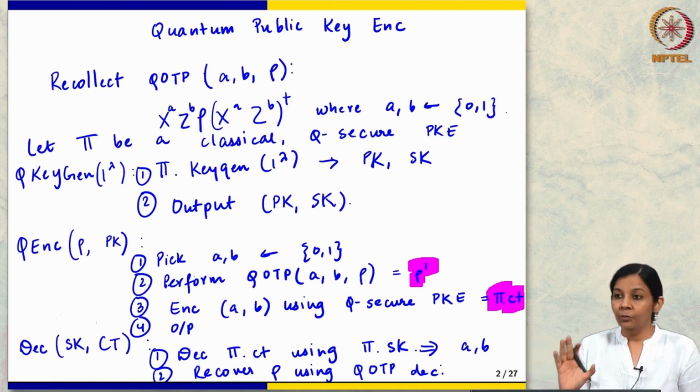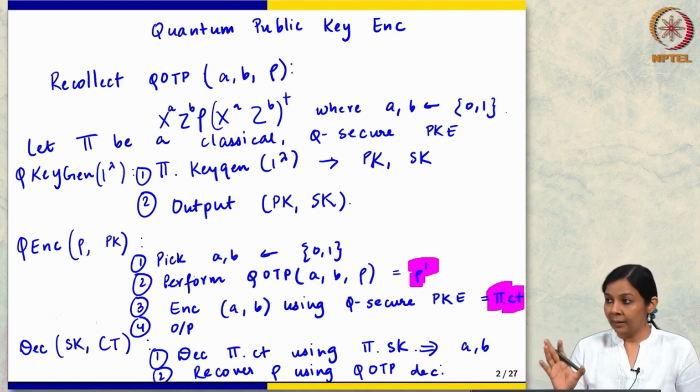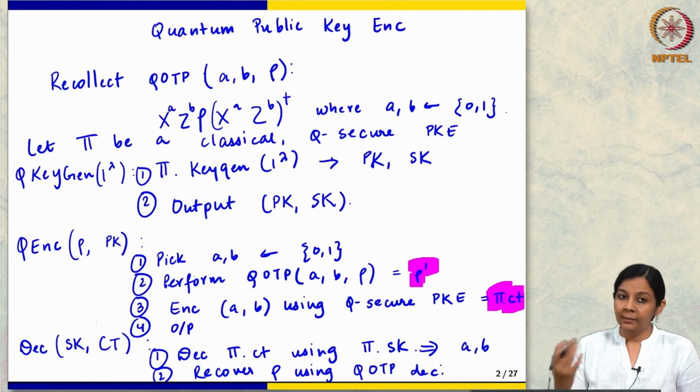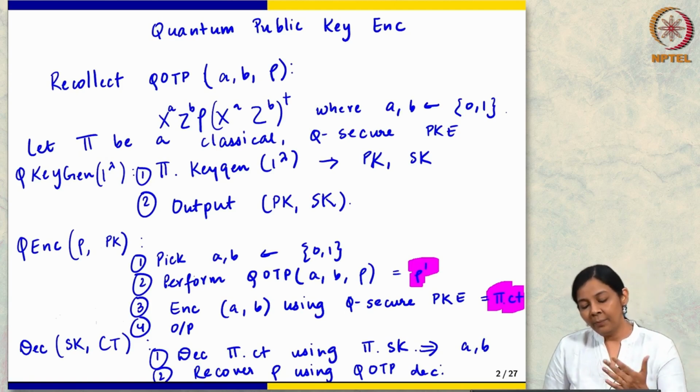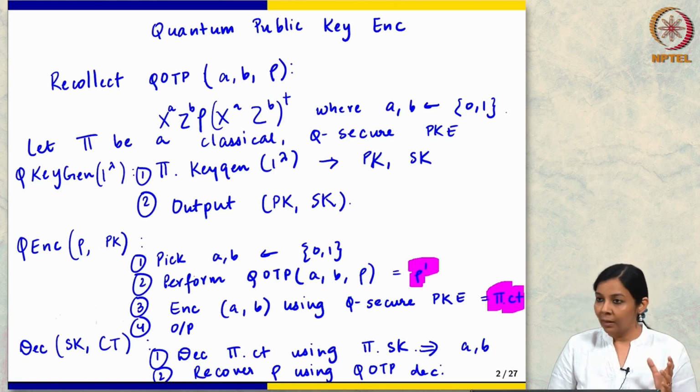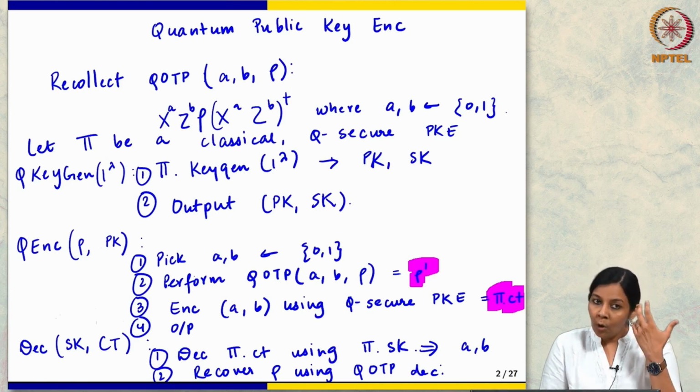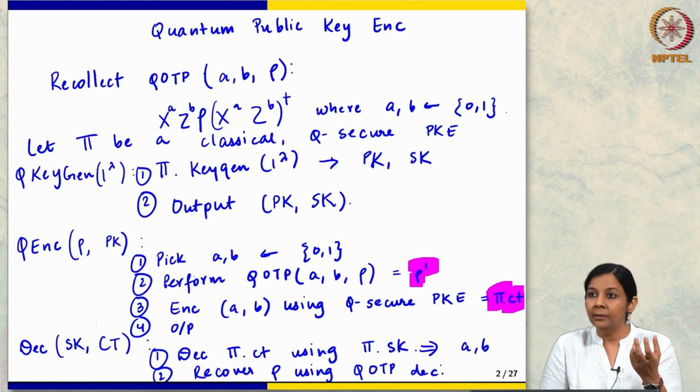So, we have just used two very simple building blocks, the quantum one time pad which we talked about last time, and the quantum secure classical PKE. And all of this is very natural if you think about it. We already have a classical PKE which we conjecture quantum secure.